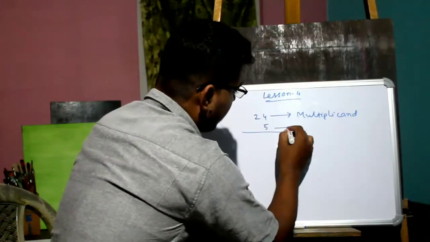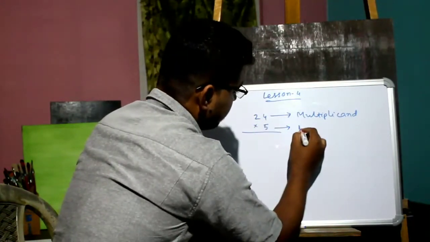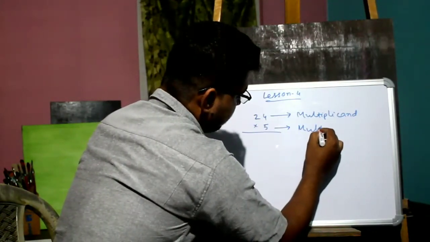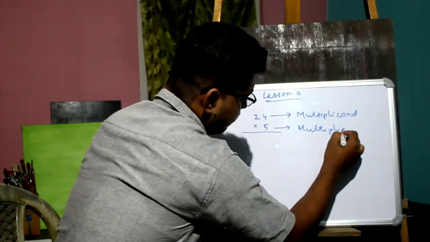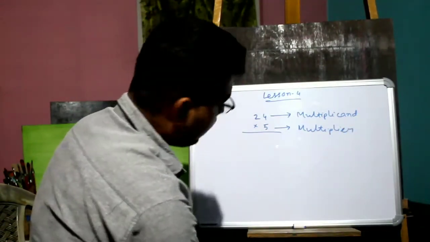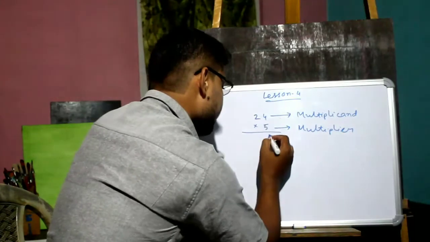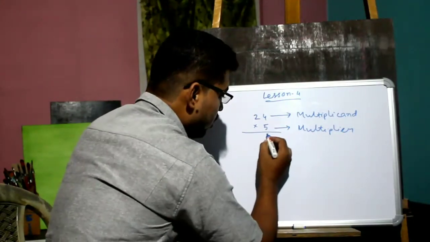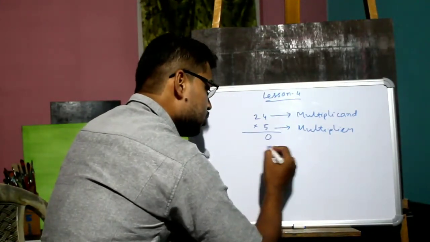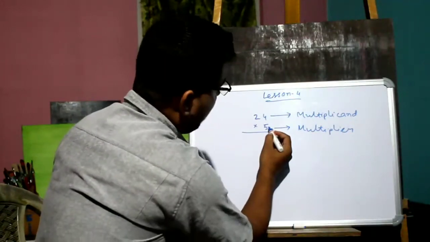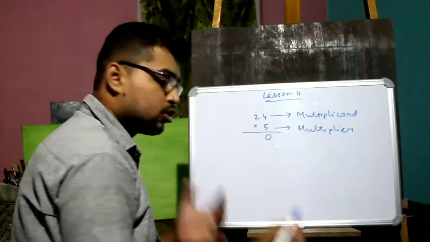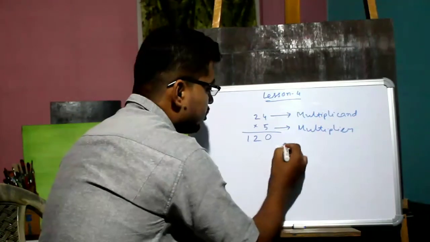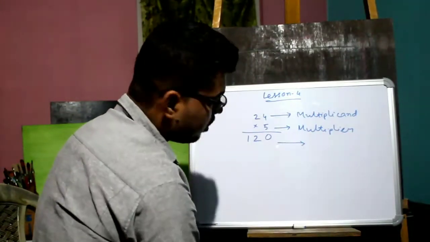This will be called the multiplier. Next, what will be the answer? 4 into 5, so 5 into 4, 20. So 20, 0, 2 gone. So 5 into 2, 10. 10 plus 2, 12. So this will become the product.